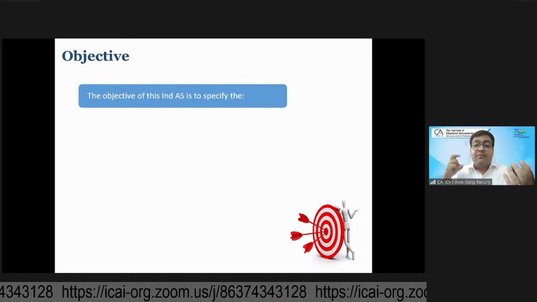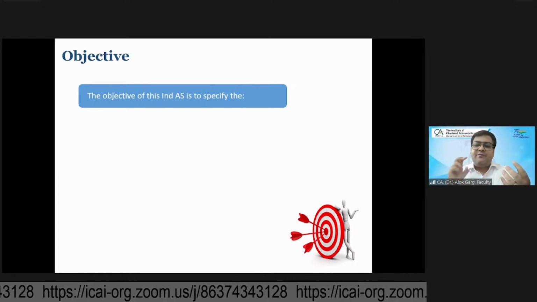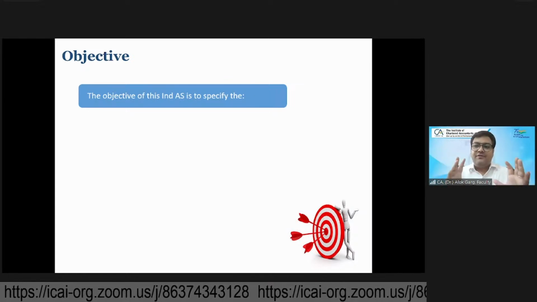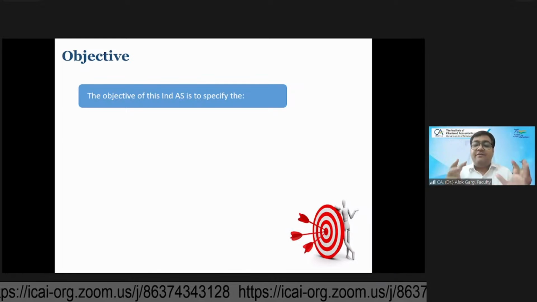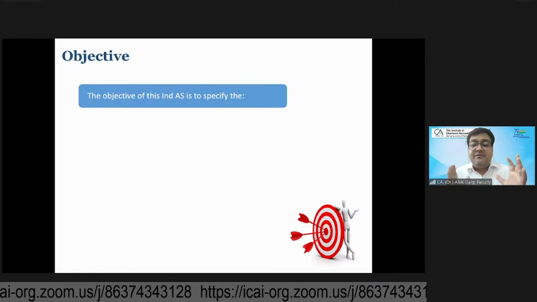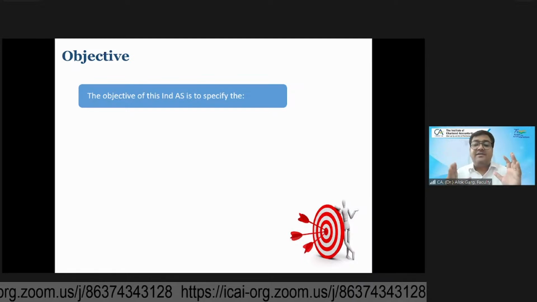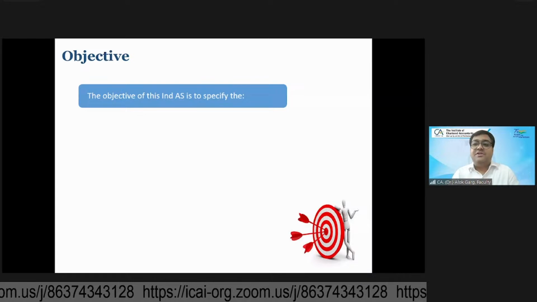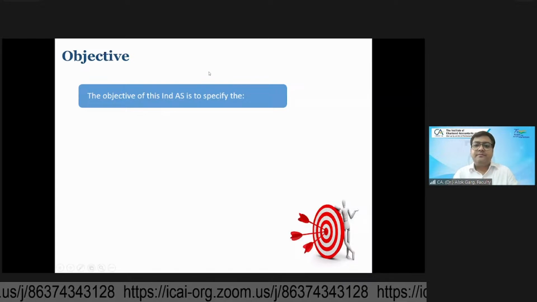So the moment TCS wants to sell these cars and the held for sale criteria of Ind AS 105 are met, TCS will classify these cars as non-current asset held for sale, separately in the balance sheet.